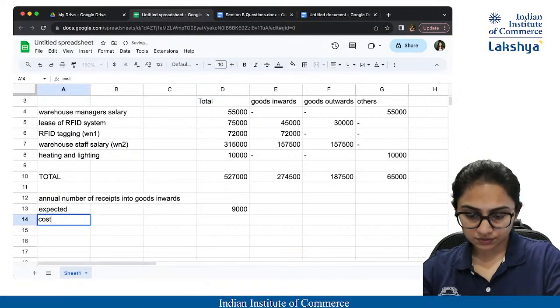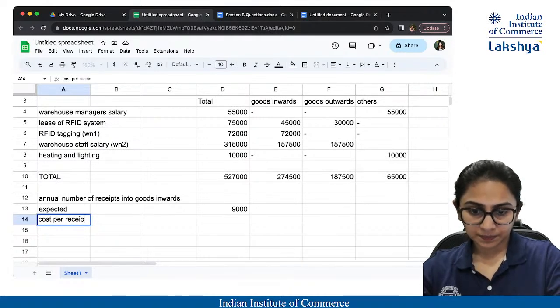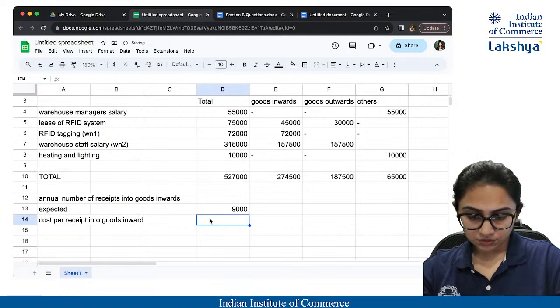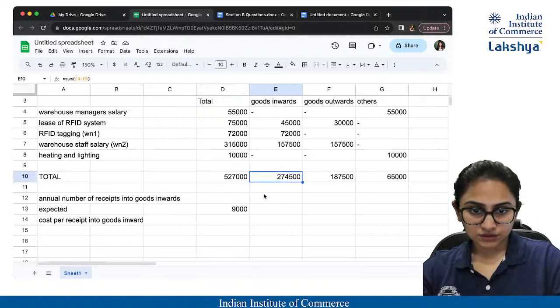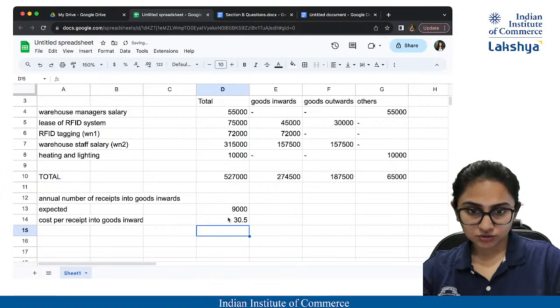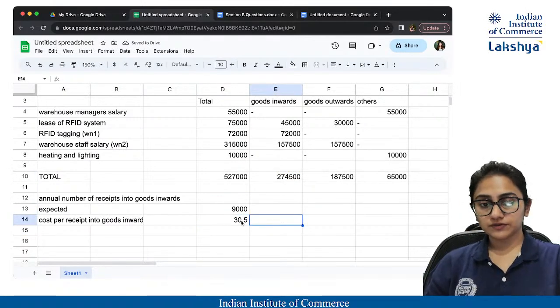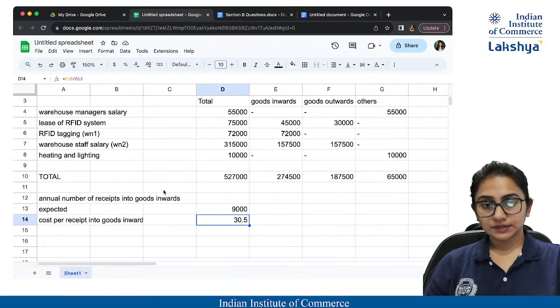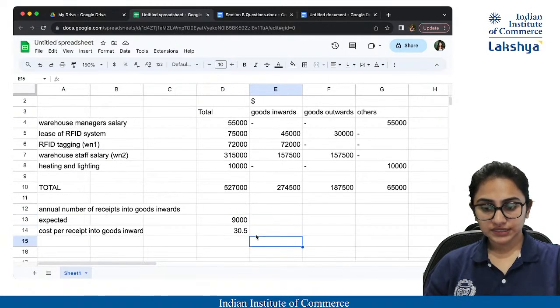So cost per receipt into goods inward is how much? Goods inward is this divided by 9,000. Is how much? 30.5. So if you want to know how 30.5 came, the examiner can click on that. The examiner gets a formula. Okay, is that clear?